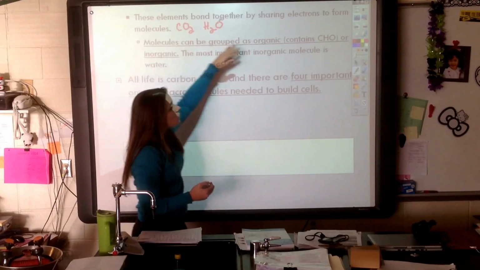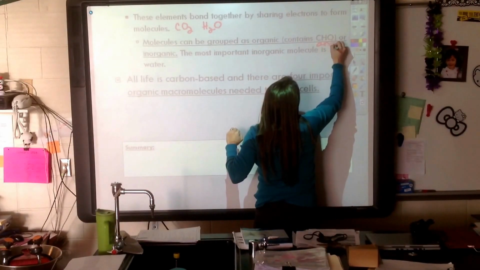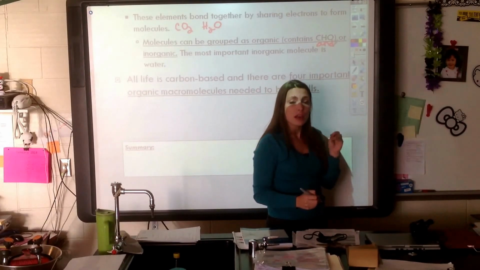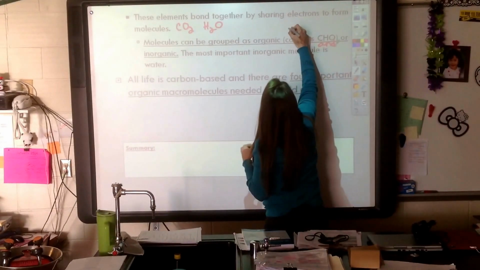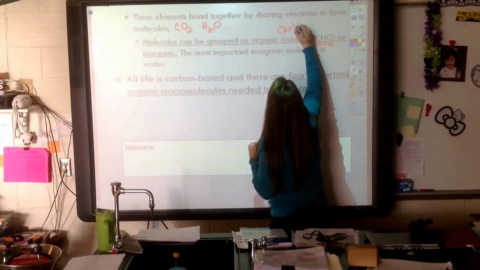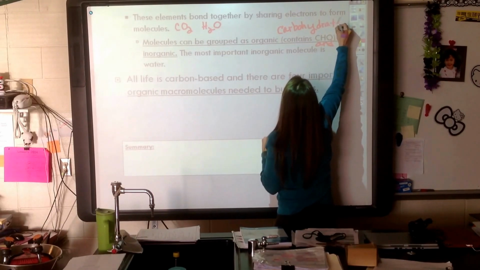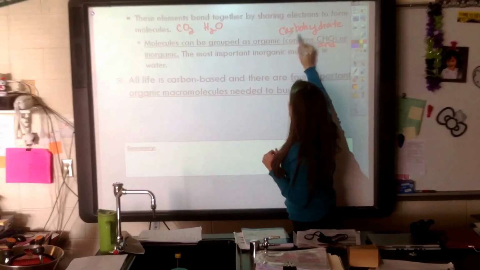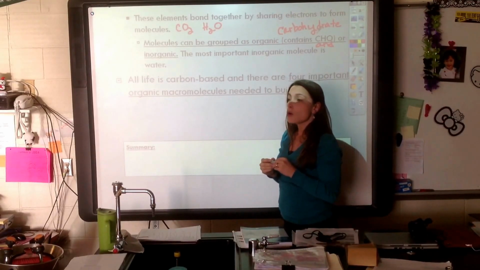If a molecule contains C, H, and O, they have to have all three, and we call it an organic compound. This is something like a carbohydrate. Interesting. Carb for carbon, O for oxygen, hydrogen for hydrogen.